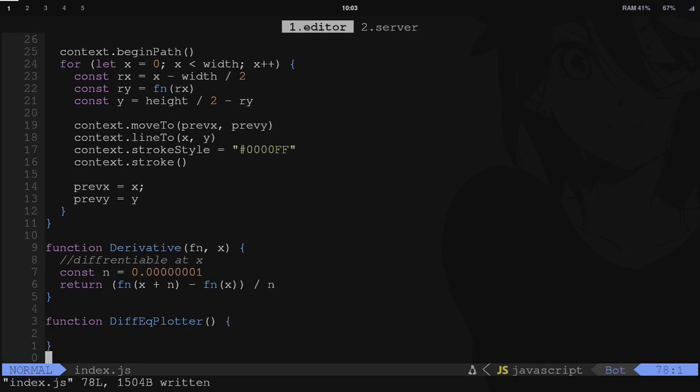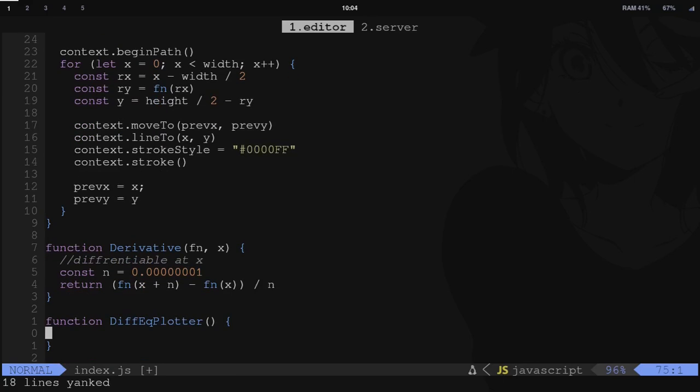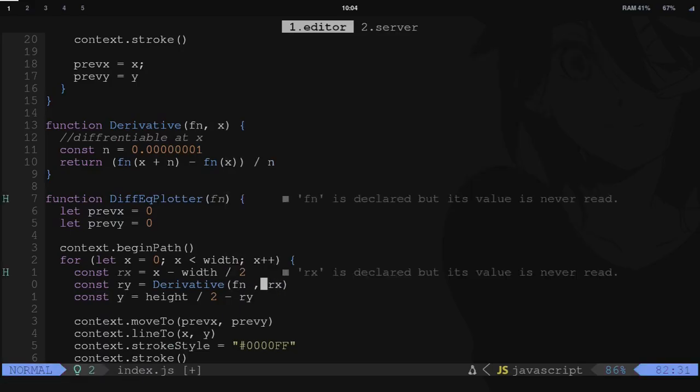So first let me plot a diff plotter. The diff equation plotter is actually just a plotter, but instead of dealing with f of n directly, it will be dealing with the derivative of f of n at real x.